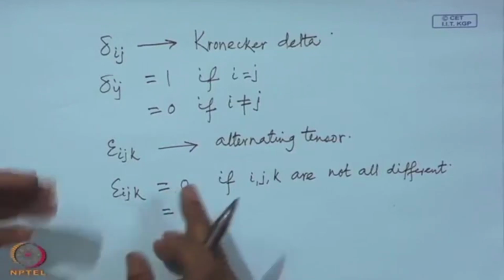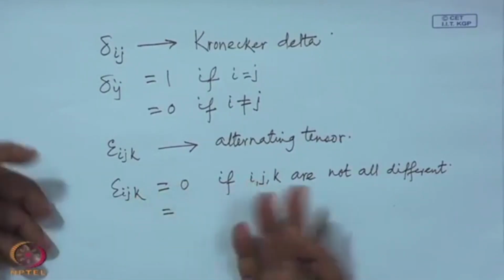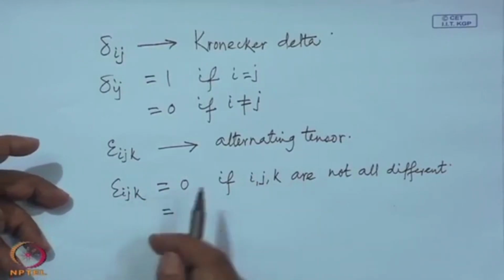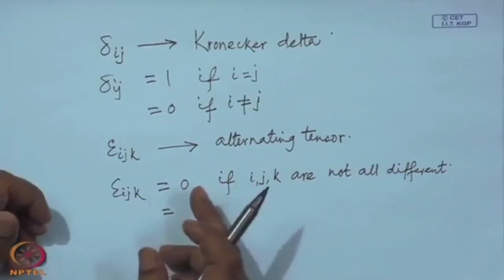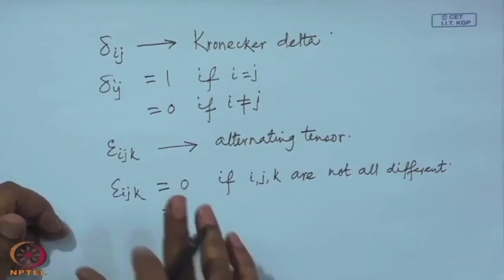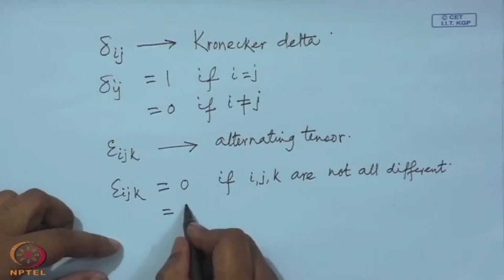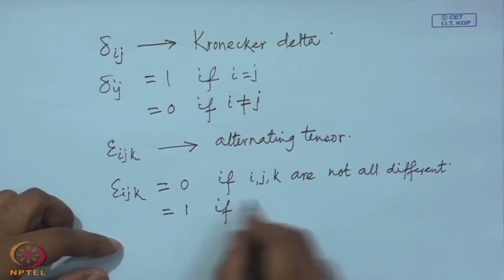Even if 2 of them are the same, it is 0. When 3 of them are the same, of course, it is 0. When any 2 of them are the same, it is 0. So, for a non-zero value, all 3 must be different, and it is 1 if i, j, k are cyclic.